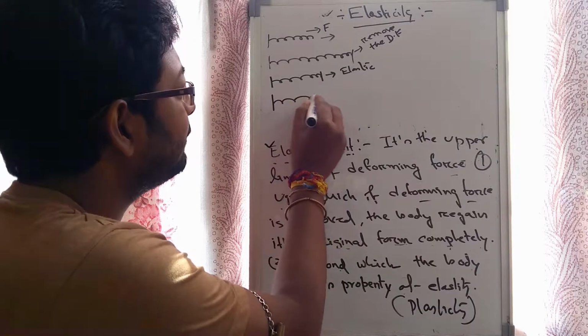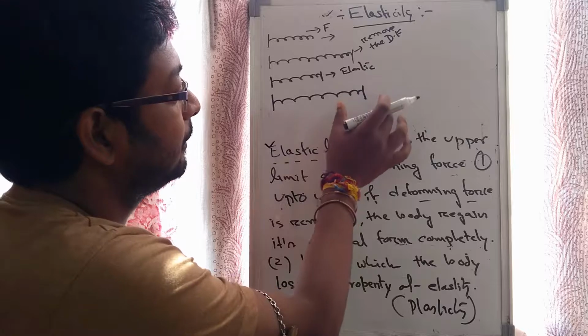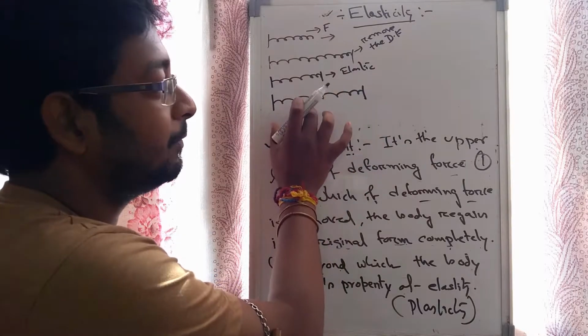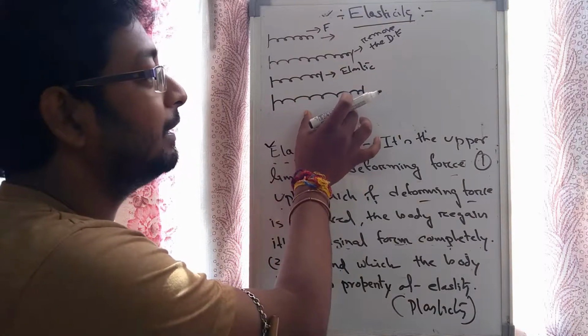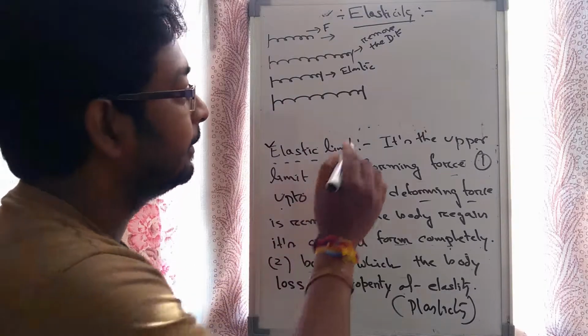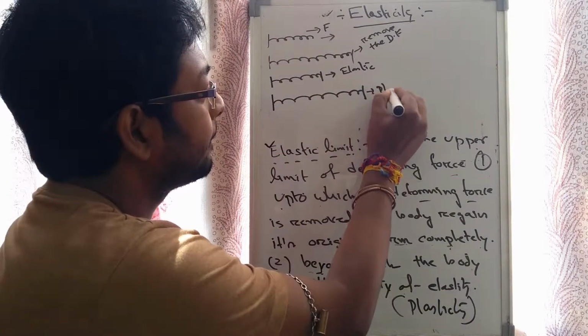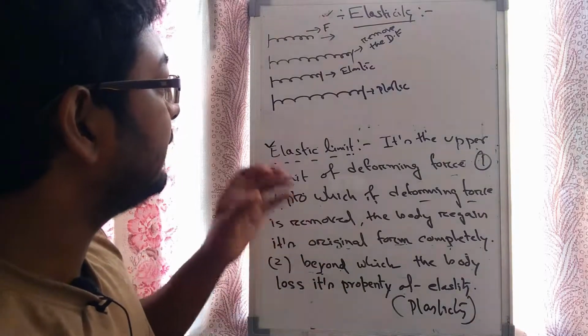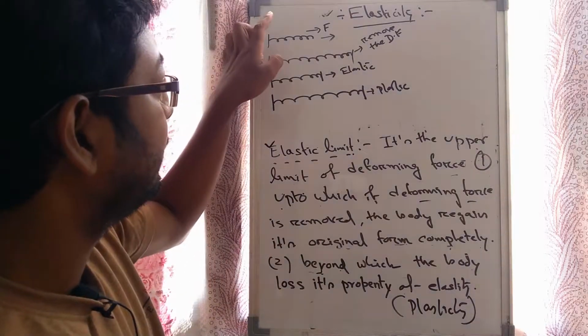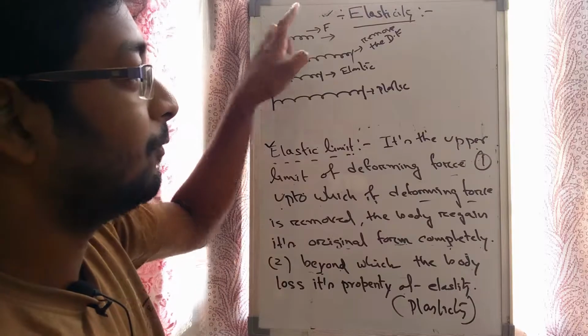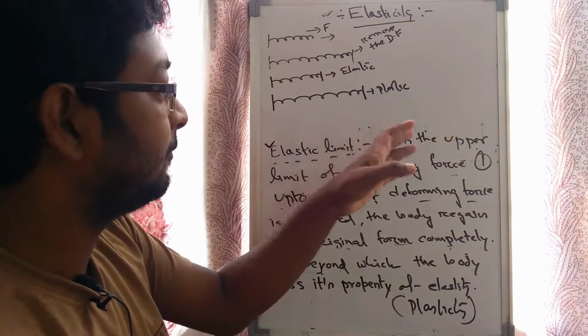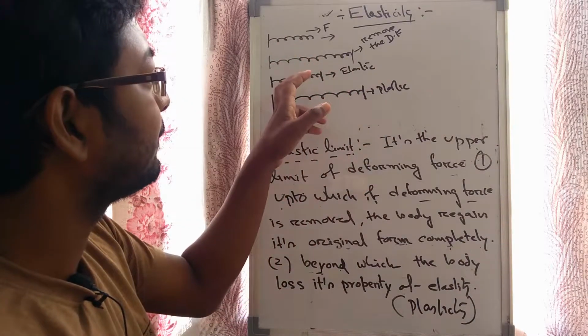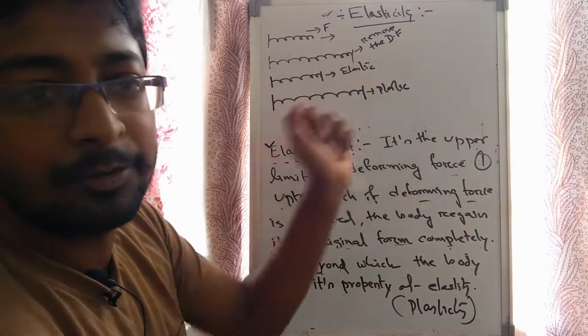Now, if the spring loses that property to regain, if it is unable to regain its original size, then we can say this is plastic or plasticity. So basically the idea is that when we apply some deforming force to an object, its configuration changes.